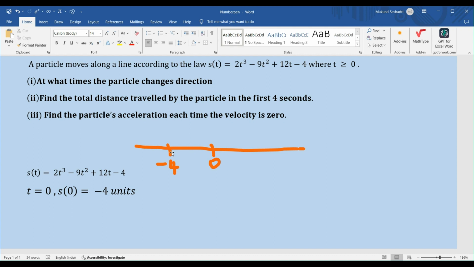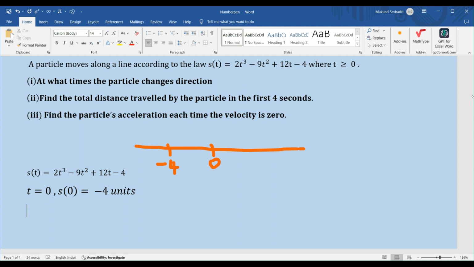Because otherwise you would not have this question 1, at what times the particle changes direction. So the first thing that we will have to figure out is the answer to question 1, which is also going to tell us whether the particle changes direction as it moves from minus 4, the point where it is stationed when t equals 0.